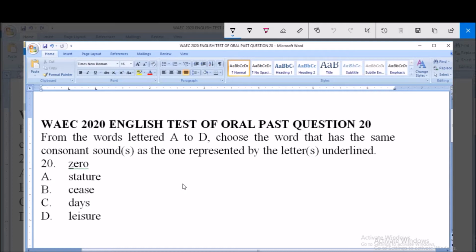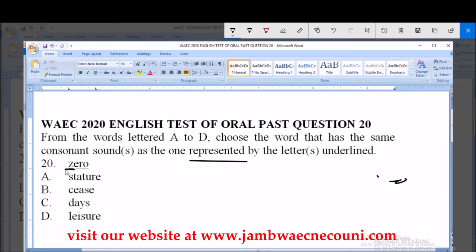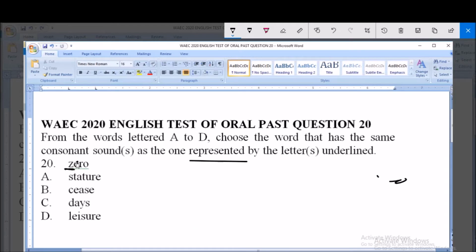The underlined letter in this word is letter Z. Z is underlined, and by pronunciation, the word we have here is zoo. It is pronounced as zoo and transcribed as zoo, with the long U form.